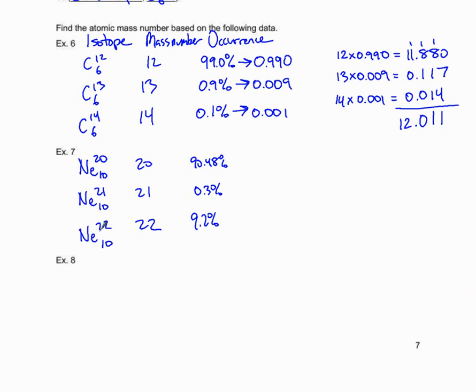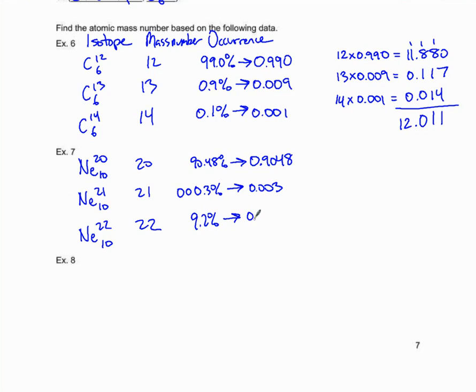Percentages aren't good for calculations, so we have to change them to decimals. This one is 0.9048. All we're doing is taking this decimal point and moving it left 2 places. So if it were this one, moving this one left 1, 2, 0.003.